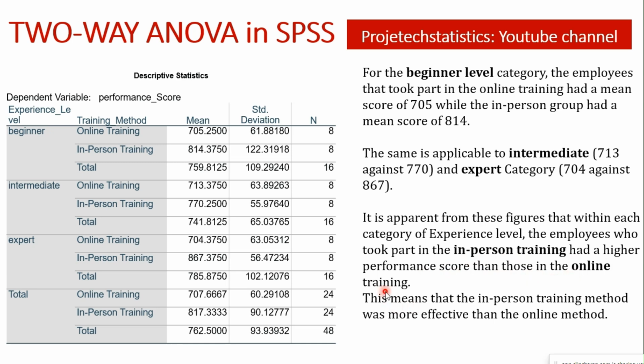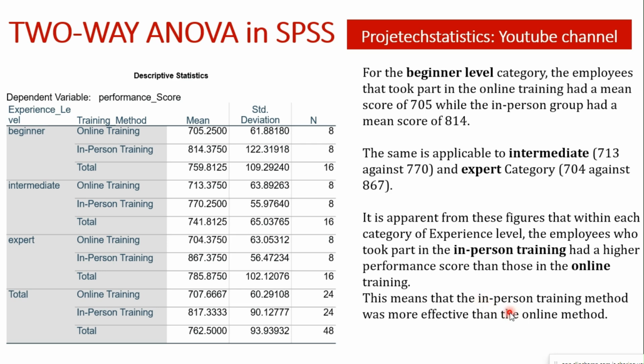So as you can see, for each of them, the trainees performed better. The ones that took part in the in-person training had a higher performance score for each of the experience level category. So we can say that the in-person training method was more effective than the online training method.